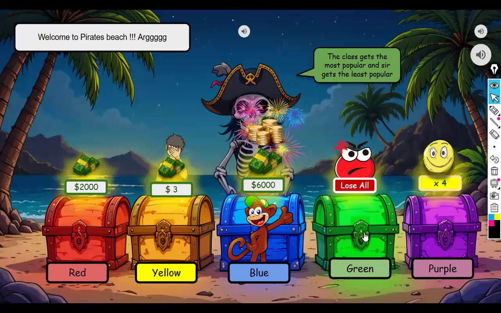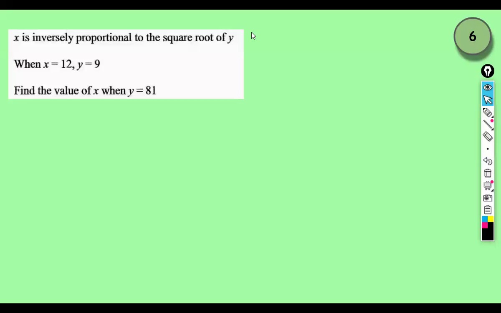And I get multiplied by 4, but I have $0. So 0 by 4, I'm still at 0, guys. And you all are up to $6,900. Seems I'm down in the gutter here. Okay. Let me set you up with this one first.